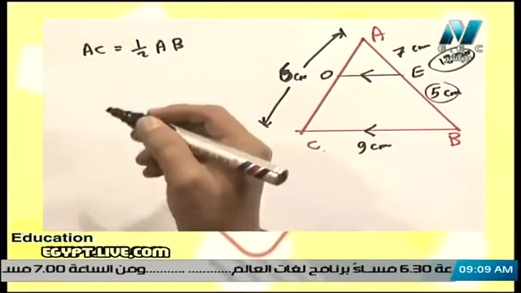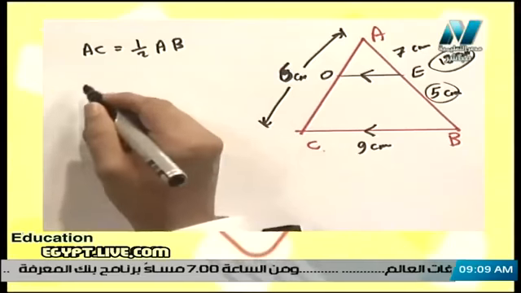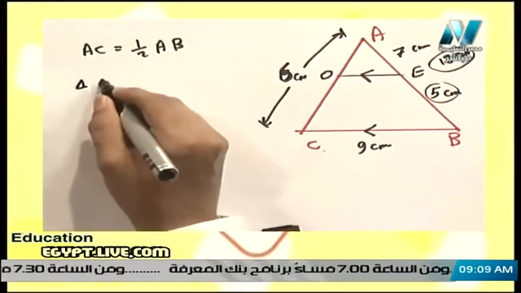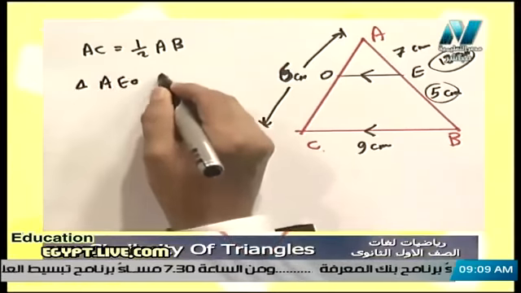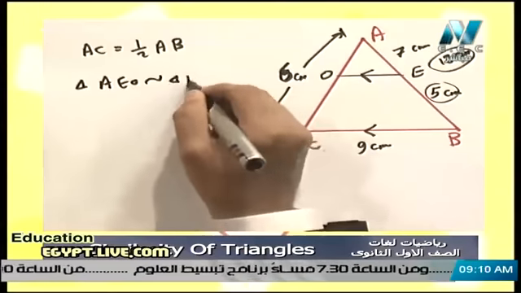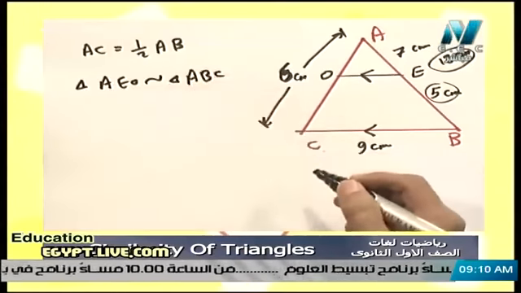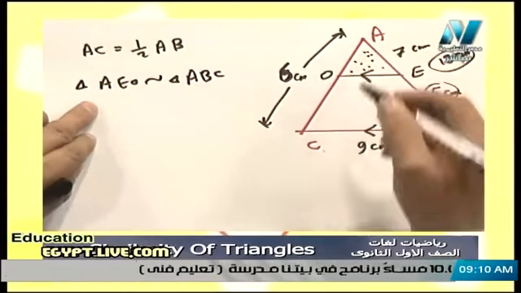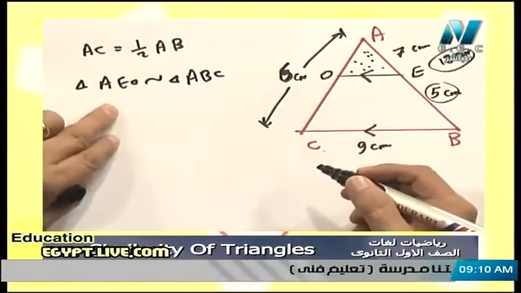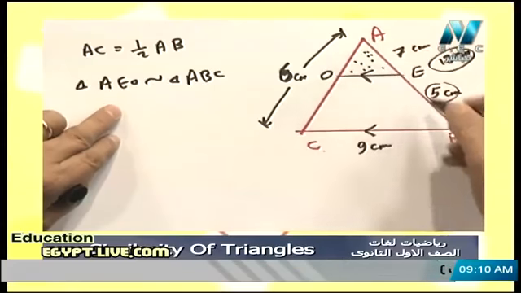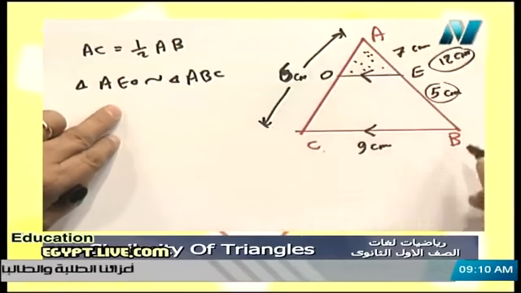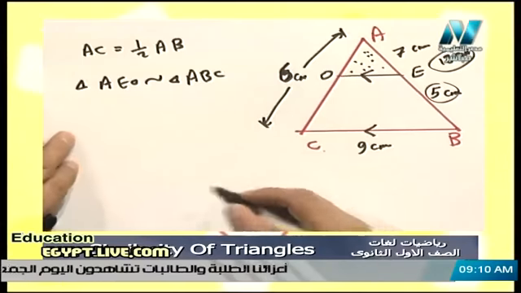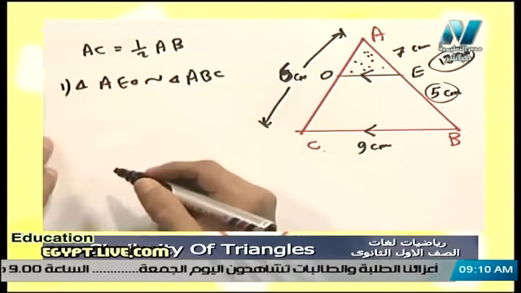The request is to prove that triangle AEO is similar to triangle ABC. What is triangle AEO? This is triangle AEO here. We would like to prove that this triangle is similar to the bigger triangle, or the whole triangle ABC. Okay, that's the first request.